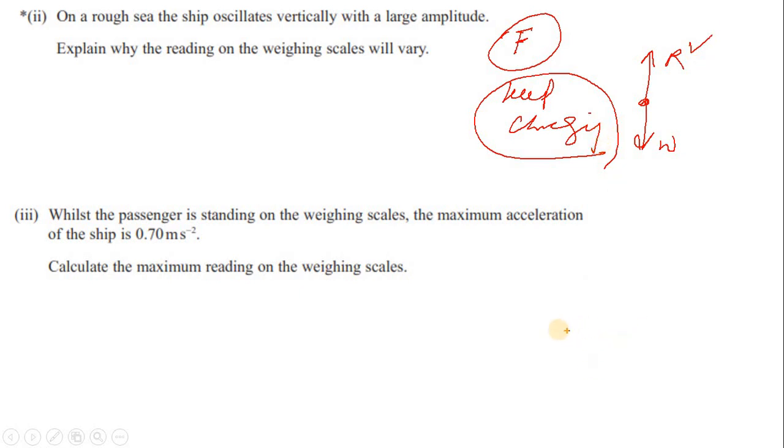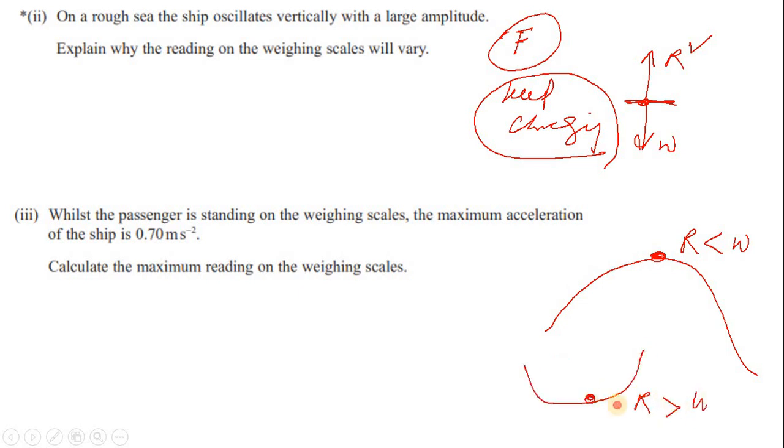If the ship is at the higher peak of the surface, then at that moment R will be less than W, so the reading on the scale will decrease. If the ship is at the lower point, then R will be greater than W, so it will read a higher value. So the reading increases.